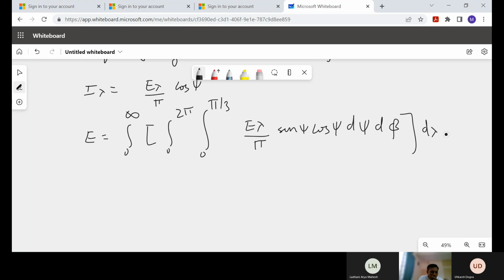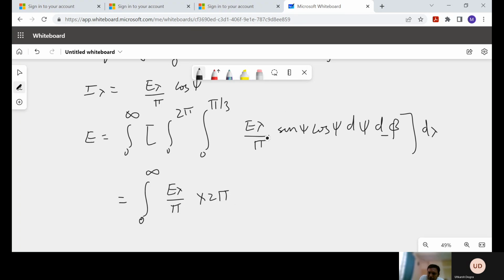So what we get here is the integral from 0 to infinity of E lambda by pi, multiplied by 2 pi, because d phi integrated between 0 to 2 pi gives me just 2 pi.